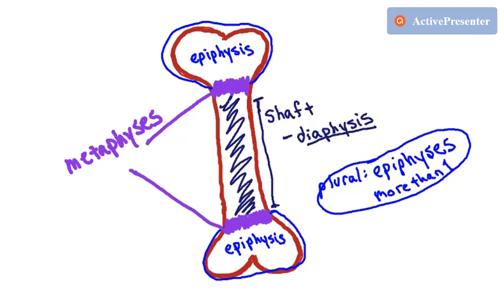So the long shaft is the diaphysis, the end of the bone is the epiphysis, and the neck of the bone is the metaphysis.